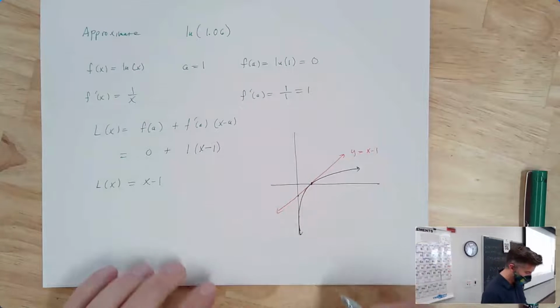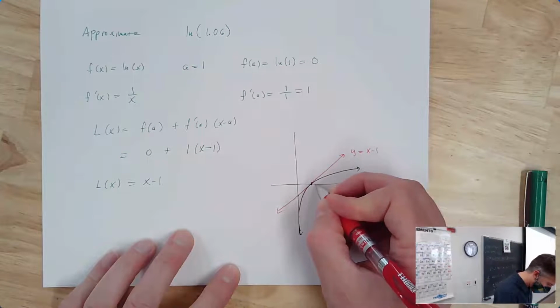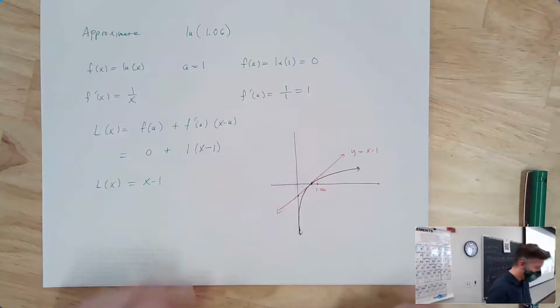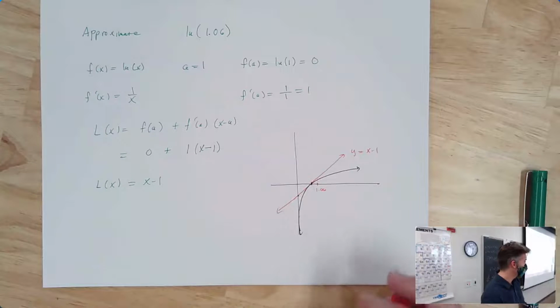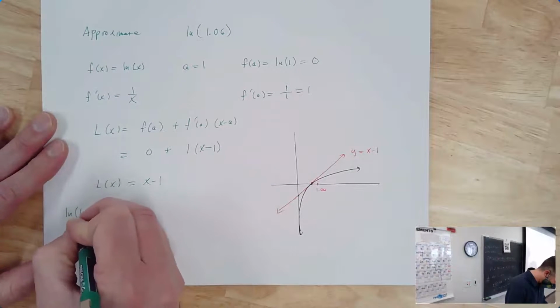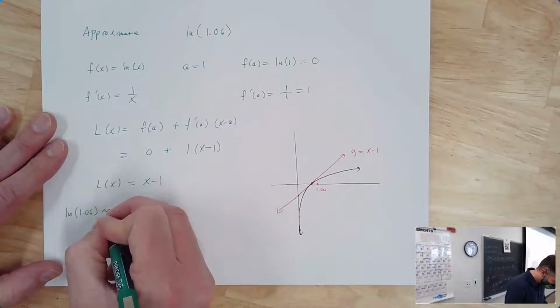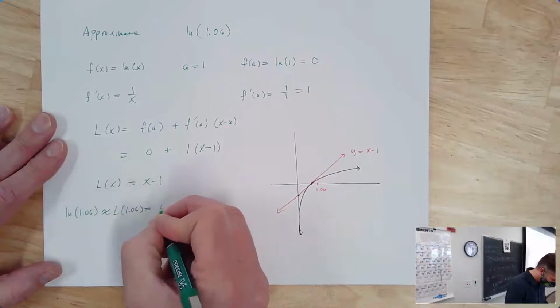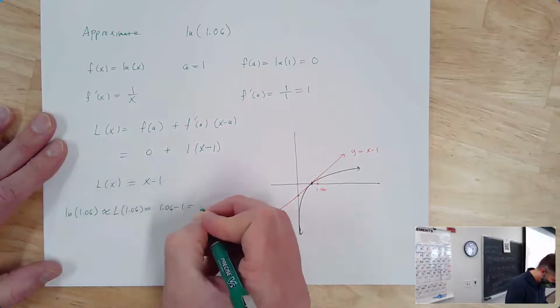So if we're trying to approximate this at 1.06, we're going to get 1.06 minus 1, which is just 0.06. So the natural log of 1.06 is approximately the linearization at 1.06, which is 0.06.